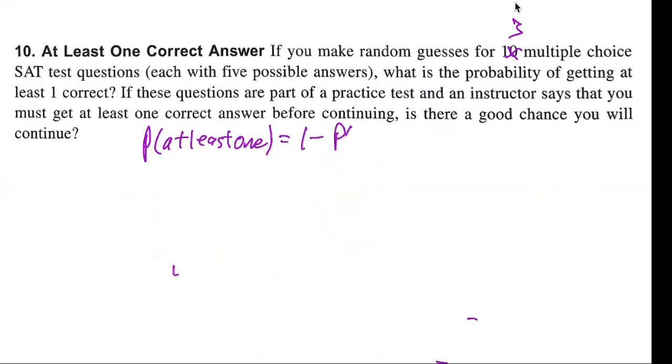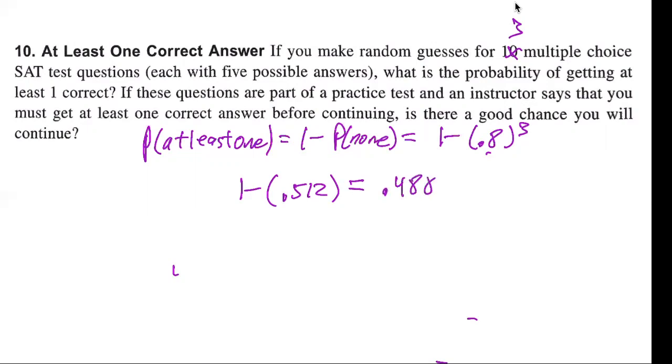One, subtract the probability of none. The only thing that changes here, it's still 4/5 chance or probability of 0.8 that we get it wrong, but now we're only guessing on 3 of them. This is 0.512. Notice it's a lot larger because we're multiplying a small number fewer times. Here, there's not such a good chance, and we may not be able to continue.